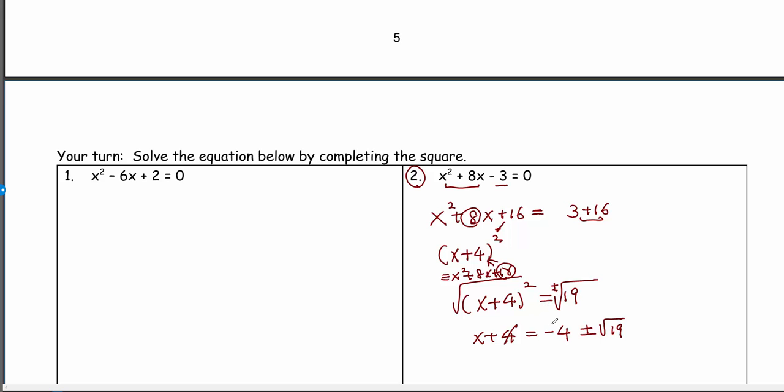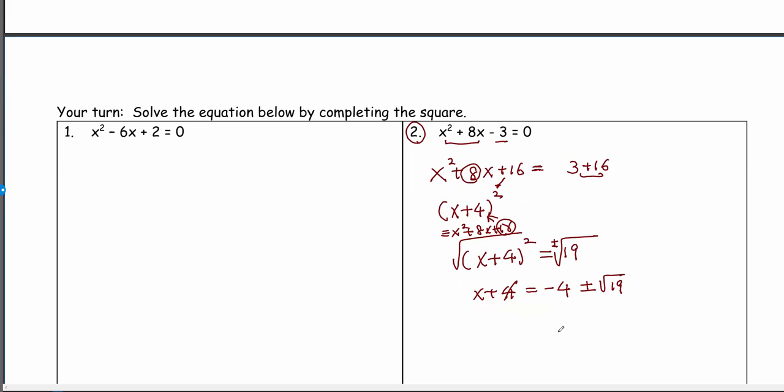Okay, so I'm going to try the second number. This one is another example. We got the coefficient of 2 now: 2x squared plus 8x minus 3 equals 0. But just before, the coefficient was 1, and this is coefficient 2.